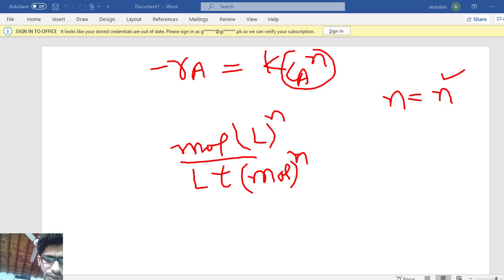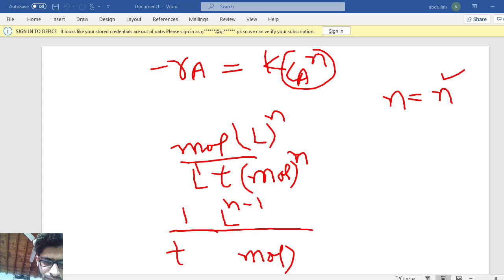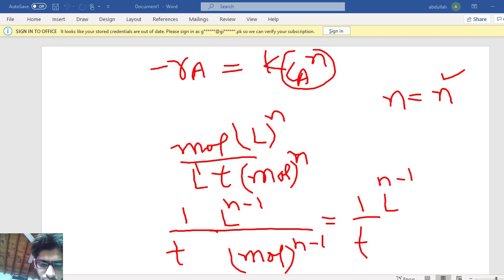Now this mole and this mole are equal, and this liter and this liter are also equal, but there is no n on the time, so we can rearrange this relation as 1 over time and liter to the power n minus 1, and mole to the power n minus 1.